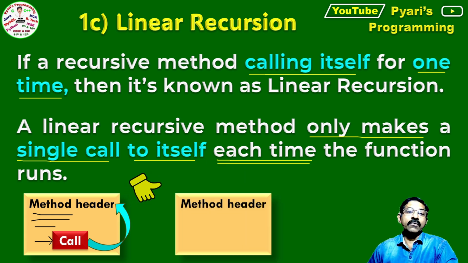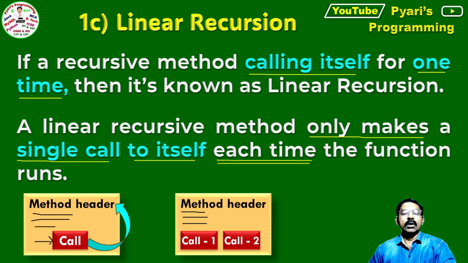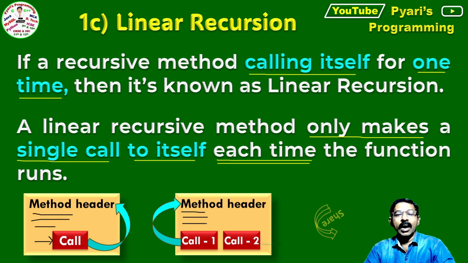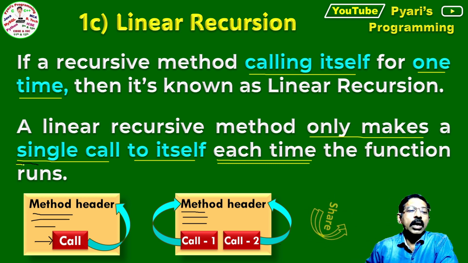Now we can have this one also. If it is the method header, we can have call 1, which will transfer the control to the method header. We can see call 2 can also transfer the control to the header part. And these are the other statements. After executing, again it will call 1 and call 2. We can have more than one call. That's what it is talking about.